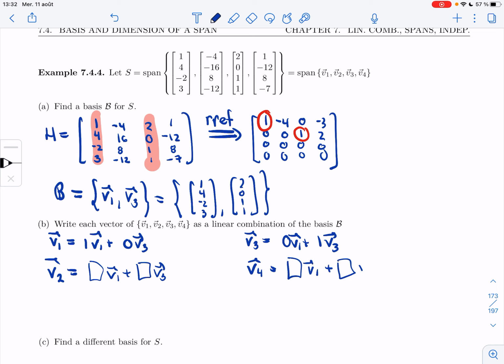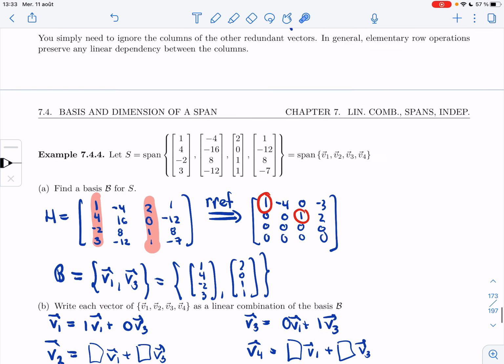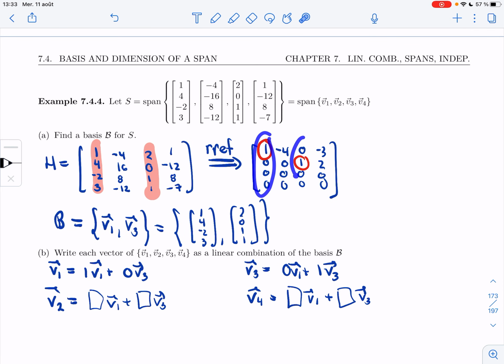Now if I go back to the method, each free column in the reduced RREF matrix gives the coefficients necessary to write the corresponding vector as a linear combination of the elements. So I use these columns to choose my basis. The remaining columns tell me why the other vectors are not needed, why they're redundant.